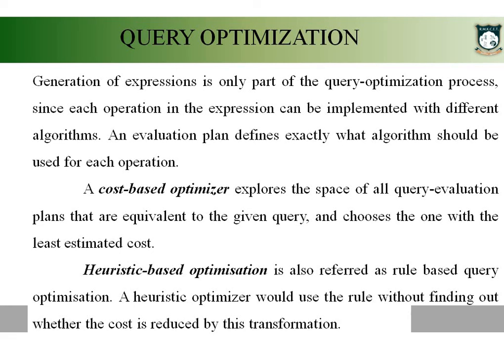When you perform the selection operation after your join, it will take more resource, it will take more memory, so its cost will be greater. Instead of that, you can perform the selection first. Once you perform the selection, the records will be filtered. Once after filtering the records, if you perform the join operation, obviously the resource utilized will be less, the memory required will be less, and obviously the cost will also be less.